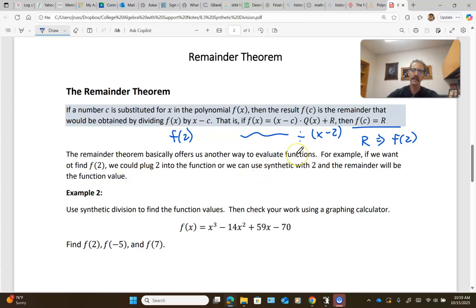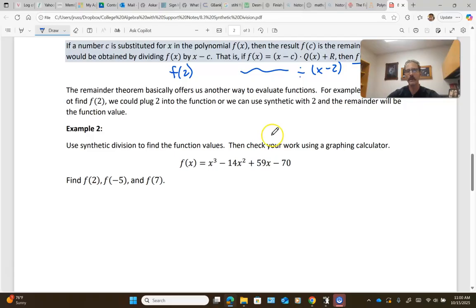The reason synthetic division is a good tool for evaluating polynomials, guys, is because depending on the complexity of the polynomial, using synthetic division to evaluate it can drastically reduce the number of operations required. And furthermore, it also gives us a quotient. And we'll talk more about that here in a minute, why that might be useful.